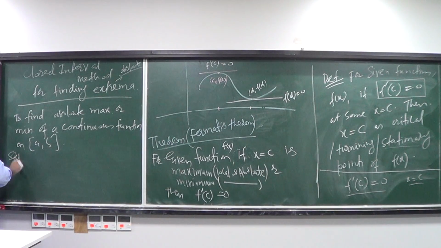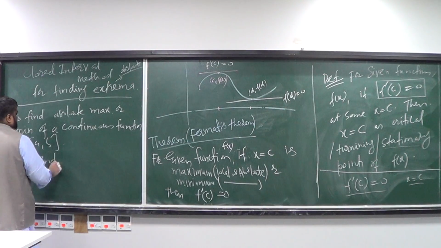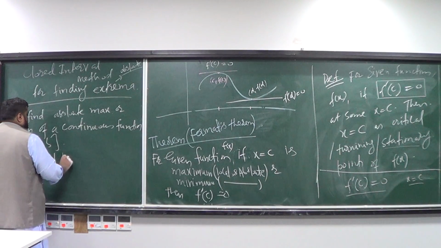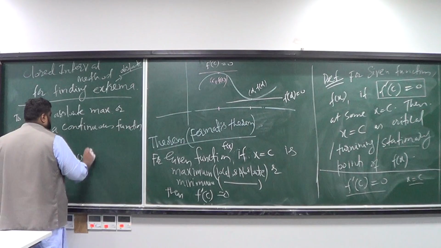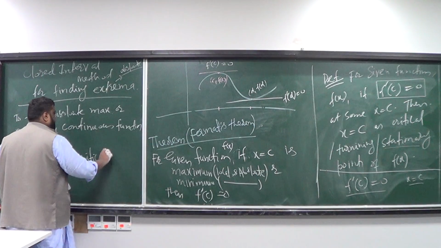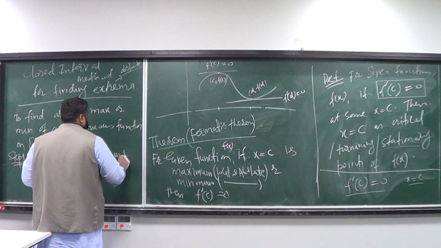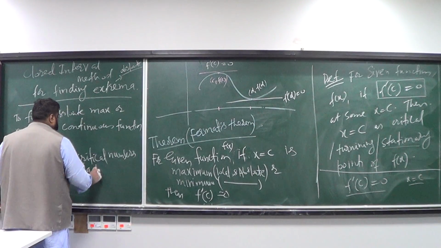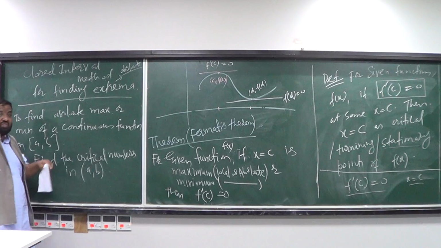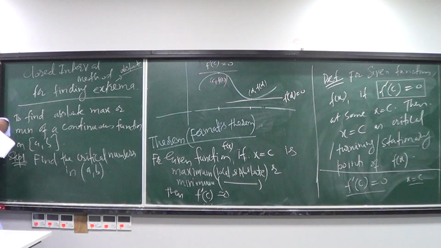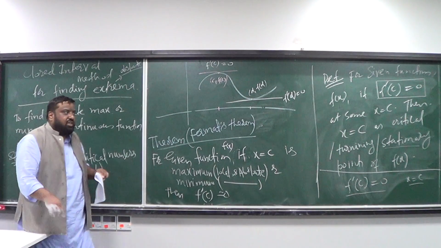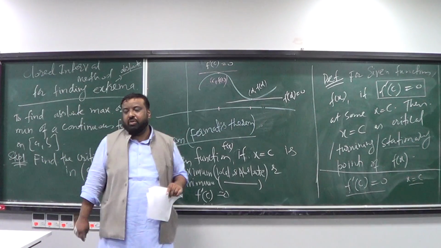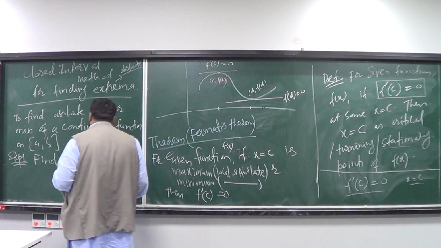First of all, step 1 is to find the critical numbers in the interval a to b. In other words, within that interval a to b, excluding the endpoints, try to find the critical points. And what do you mean by critical points?